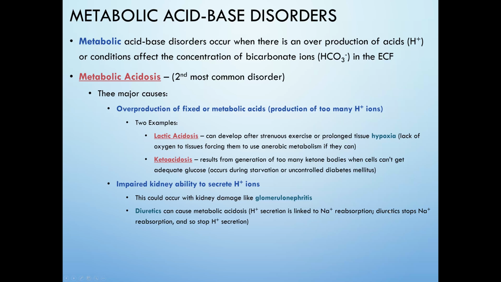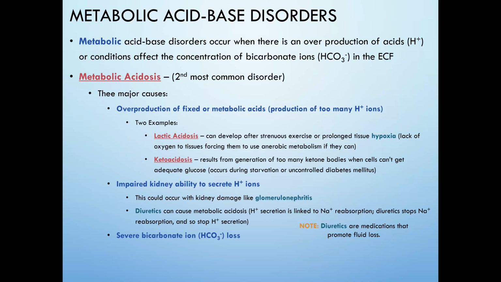Diuretics stop sodium reabsorption, and so they're doing that to help you lose water. So note that a diuretic is a medication that promotes fluid loss, but because they are stopping the sodium reabsorption, they inadvertently also stop the hydrogen secretion, so you end up with too many hydrogen ions left in the body.